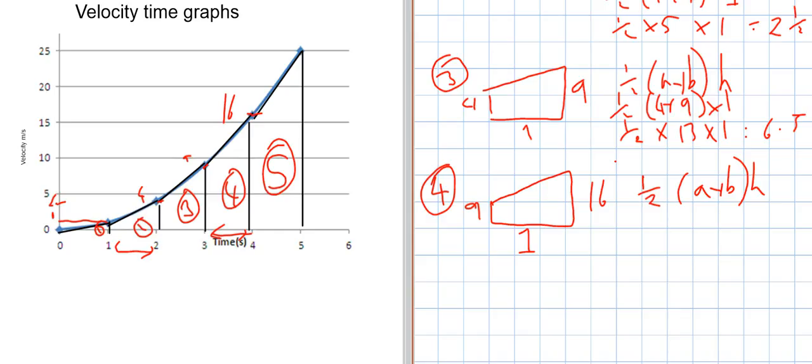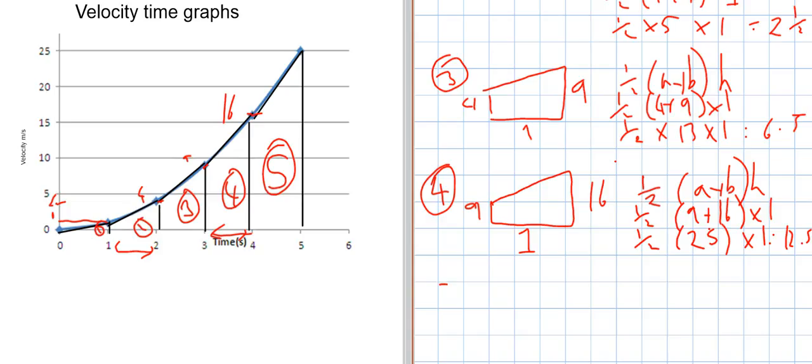It's useful to write out the formula each time just to make sure you're substituting it correctly. It also helps you remember the formula. So I'm going to do half of (9 plus 16) times 1. 9 plus 16 is 25. So half of 25 is 12.5, and times 1 is still 12.5.